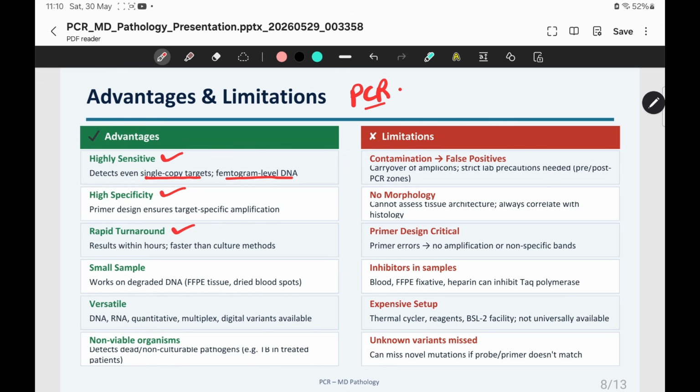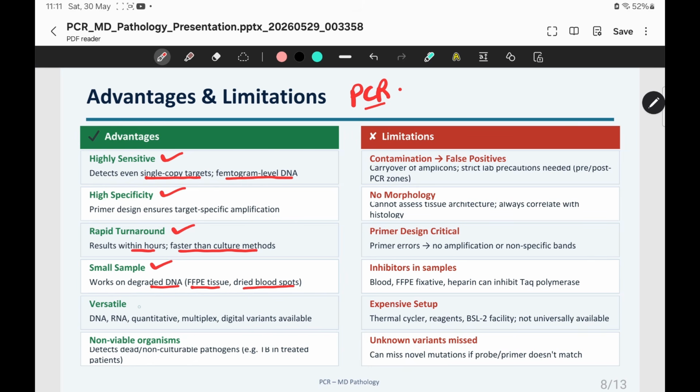Next is the rapid turnaround time. It gives results within hours. It is faster than the culture methods. A small sample is needed, and it even works on degraded DNA samples, like if FFPE tissue is present or a dried blood spot is present.